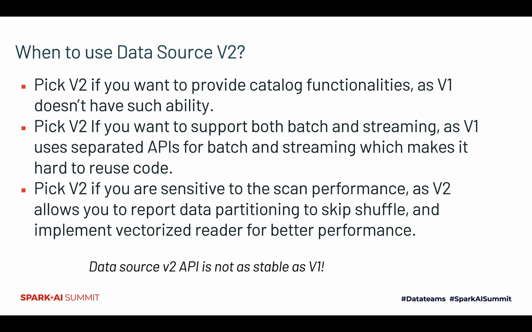And use the V2 APIs if you're sensitive to performance because of the amount of information that's now available in terms of data partitioning, partition skipping indexes, vectorized readers, and all sorts of other pieces that are now available. The one caveat again is that it's still being improved, so it's not quite as stable as V1, but one of the exciting things in 3.0 is the fact that it really is maturing and a number of interfaces are no longer marked experimental.